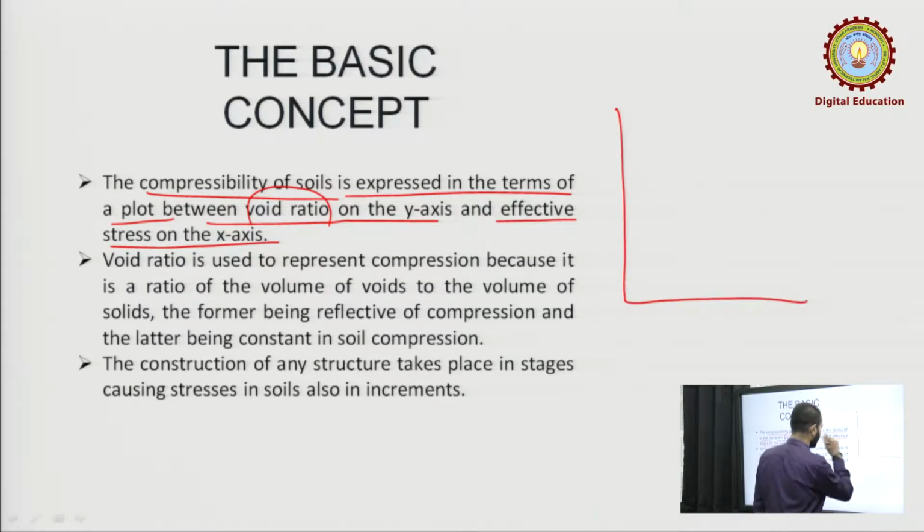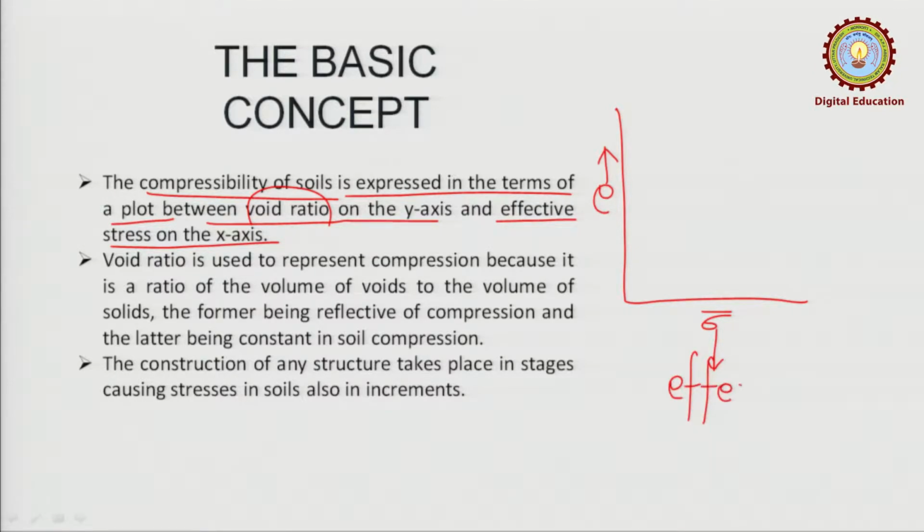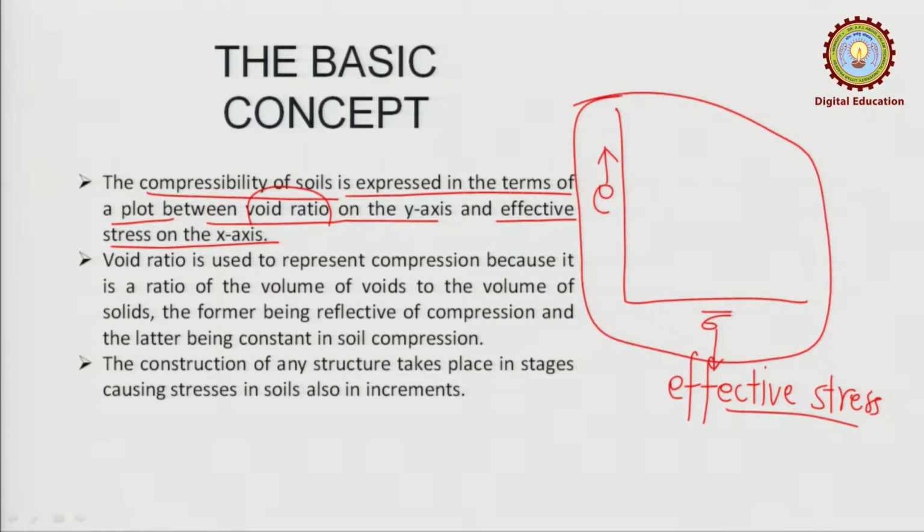In generalized terms, e will be here and effective stress sigma bar. The plot is made between these two in order to find out the settlement. We will see how these are calculated later on.